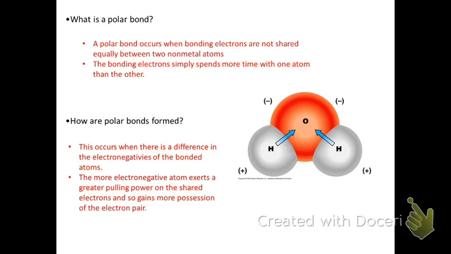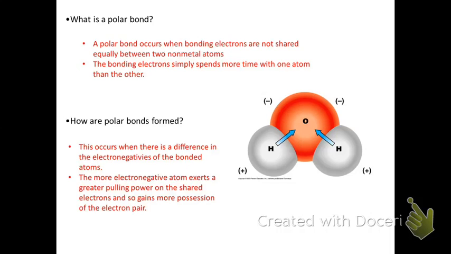Now, how do we form a polar bond exactly? Well, what I want you to picture is a tug-of-war match occurring between those two nonmetals that are sharing the electrons. The atom that is stronger, or what we would say has more electronegativity, is going to pull those bonding electrons closer to itself than the atom that has the least electronegativity.